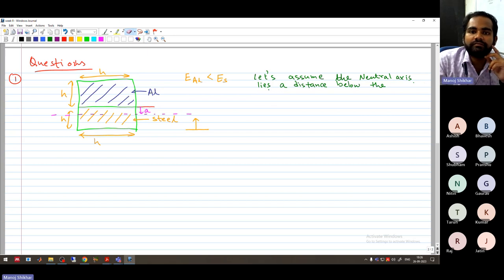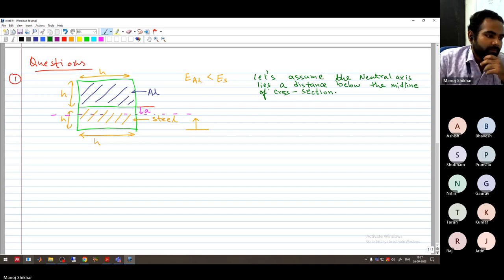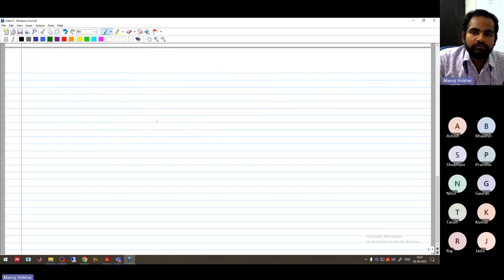Why should we not say centroidal axis? Because the masses can be different. The centroid of area will be here, of course, but sometimes centroid is used for mass and other things also. So midline of the cross section is a better term. There was no harm in using the centroidal axis, but still. Okay.